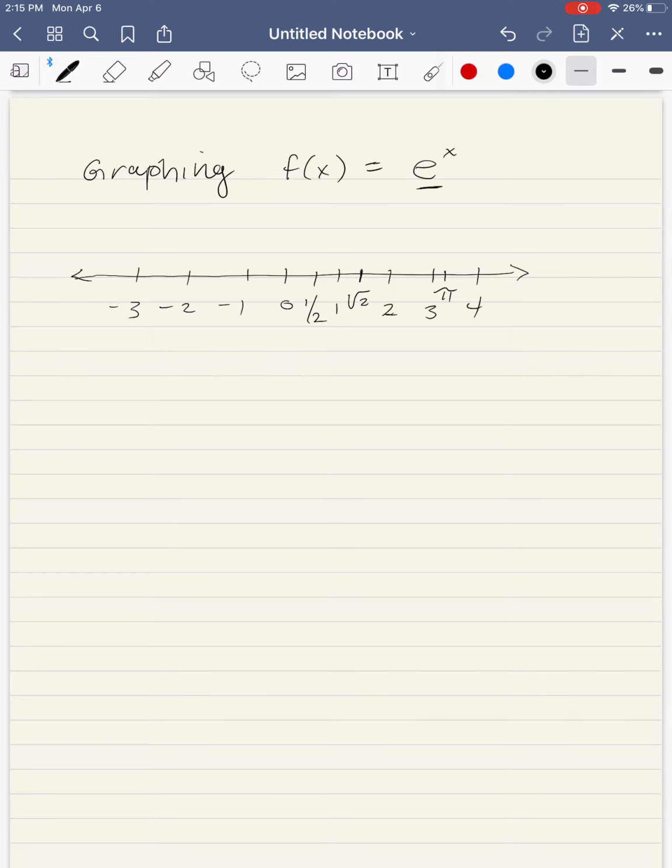A new number that we're going to look at is the number e. And e is approximately equal to 2.7182, and because this is an irrational number, it just keeps going on forever and never starts repeating. So approximately equal to 2.7, so if I go out here, I have the number e. And it's important to realize that e is a number.